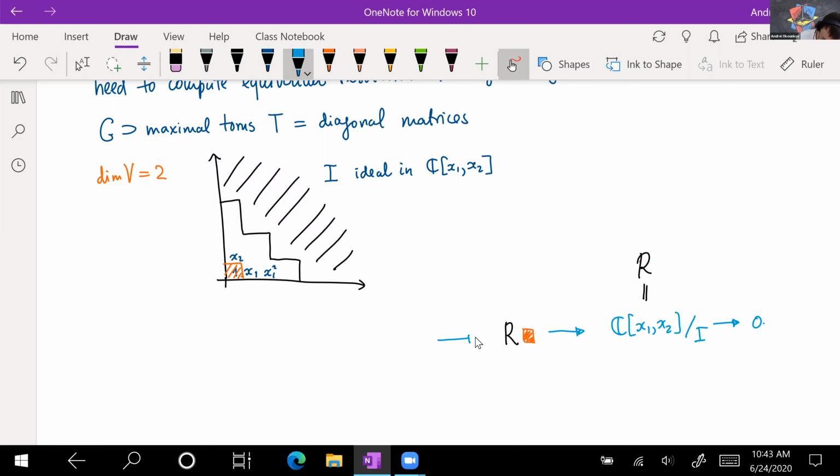And then what's the kernel? The kernel are the generators of the ideal. And where do the generators of the ideal sit? Well, they clearly sit here. So there's the kernel, which is the direct sum of R times these monomials.